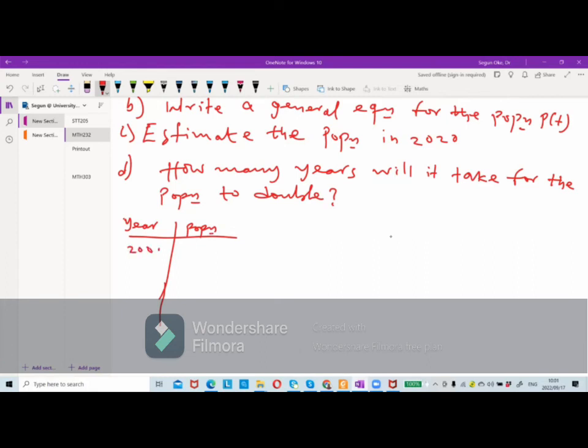In year 2000, the bacteria we have is 1,500. 2001, 1,577. 2002, 1,658. 2003, 1,743. 2004, 1,800. 2005, 1,900. So we have this.